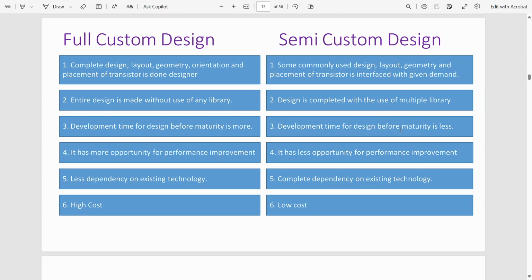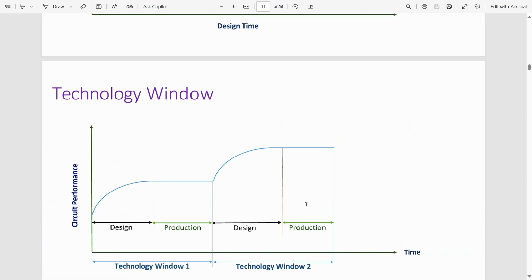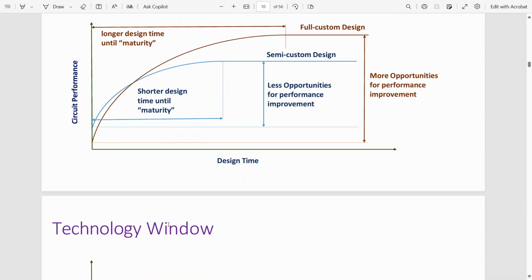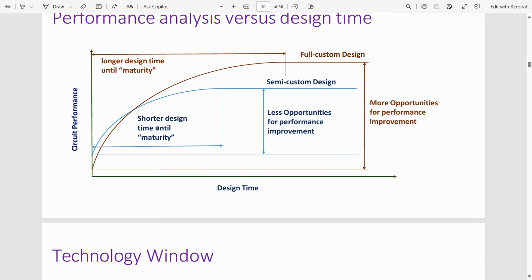Full custom design depends less on existing technology, and semi-custom design completely depends on whatever technology we have. Full custom design is high cost, and semi-custom design is low cost. Suppose if you see this one, this is nothing but semi-custom design.